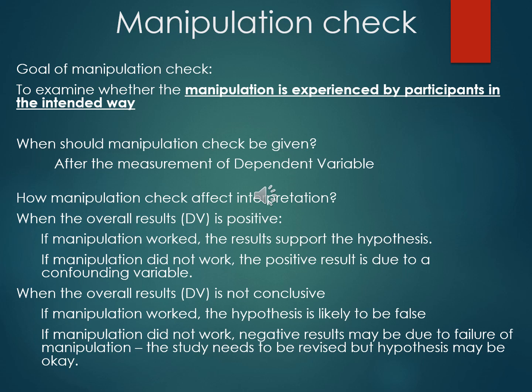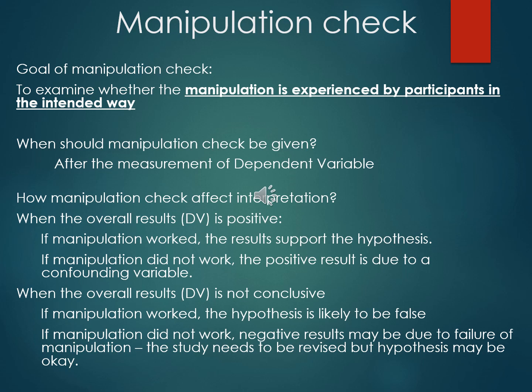This means there is nothing in between the manipulation of the independent variable and the dependent variable. And if you have a manipulation check after the independent variable and before the dependent variable, the manipulation check may influence the measurement of the dependent variable. That's not preferred.